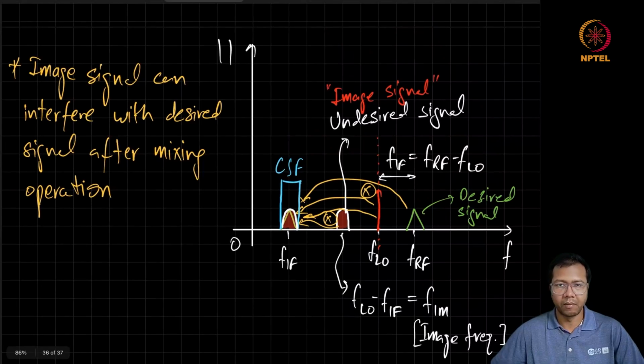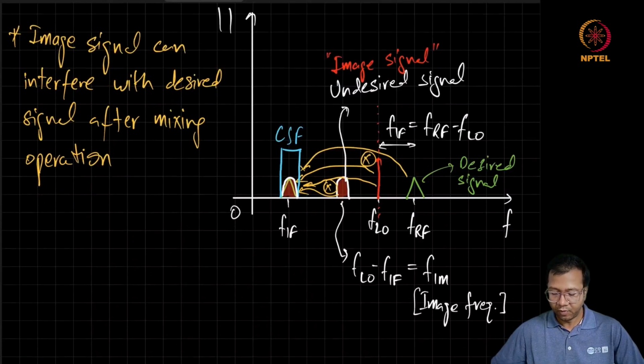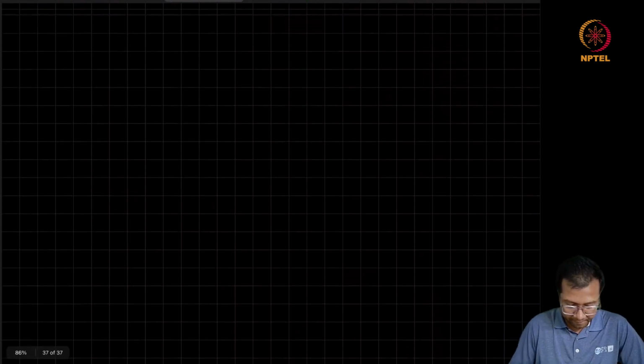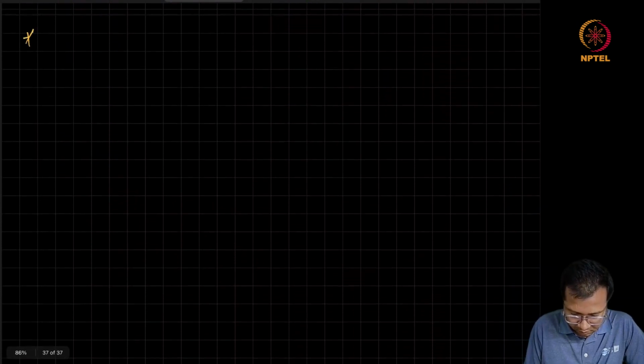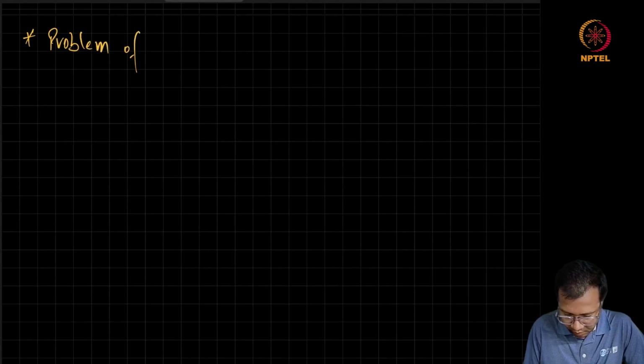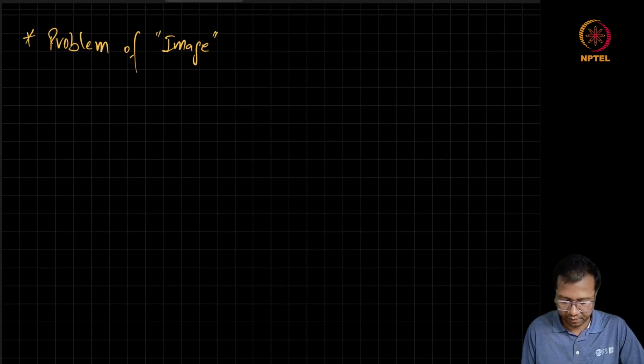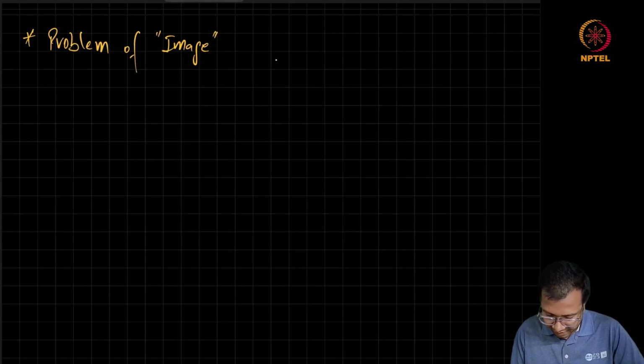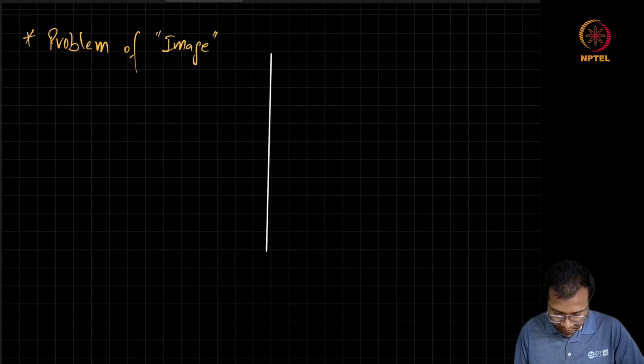We just saw the problem of image. Now we are going to see some possible ways to solve this problem of image signal. So to understand, let me just redraw again the spectrum.